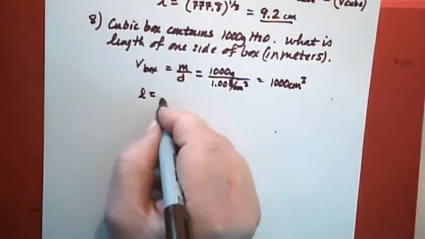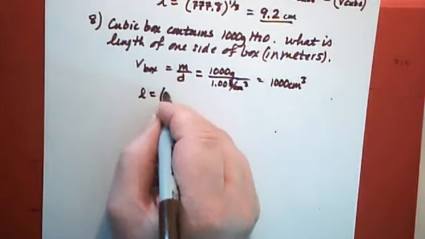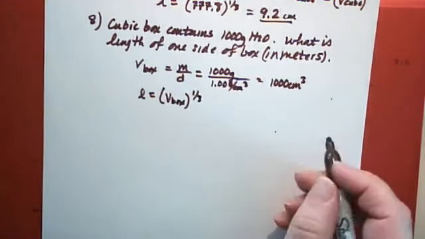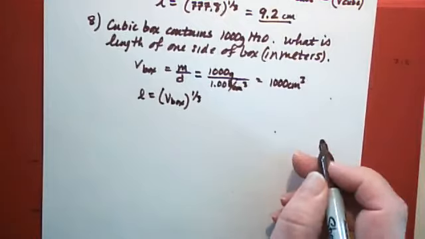Edge length of the box, again, is going to be the cube root of the volume, or the volume raised to the 1/3 power.